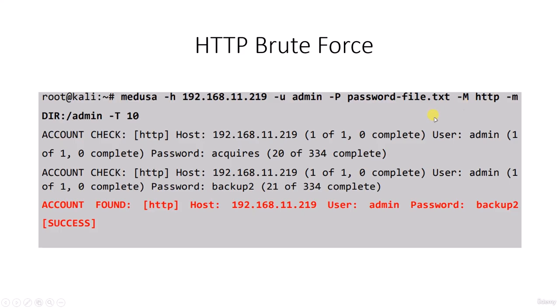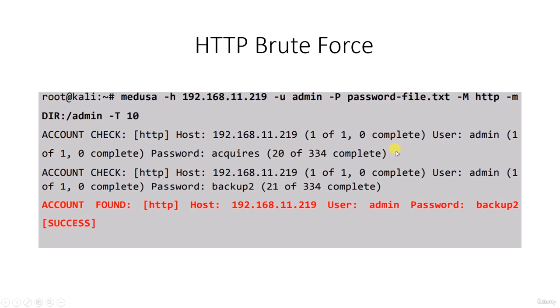So this password file is saved in the default directory, which is the root directory, and the result shows HTTP, and as you can see the account found: the user is admin and the password is backup for this machine using Medusa.